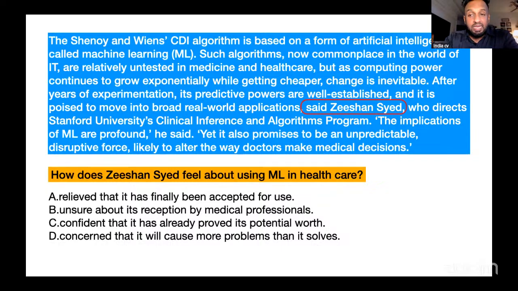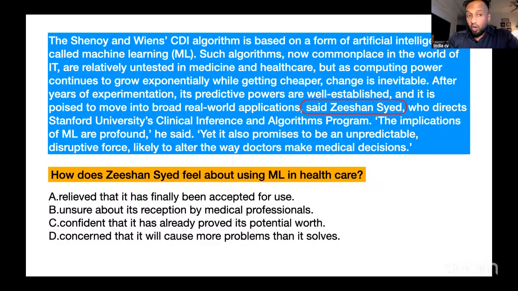My nearest beginning punctuation is after the full stop of inevitable. You can see, after years of experimentation, its predictive powers are well established, which means what? After years of experimenting, the predictive powers of machine learning, how well they can predict the future, are well established, which means he feels it's well known, it's well proven.